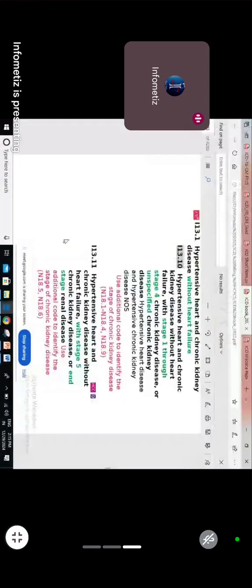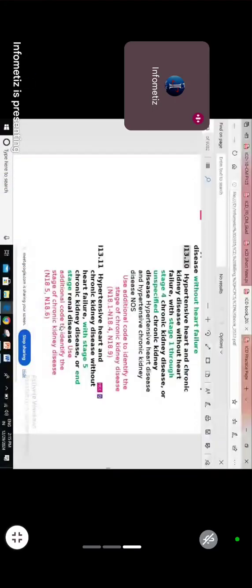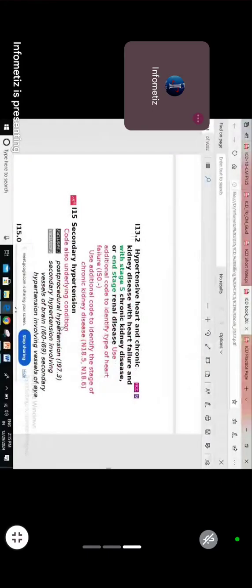If you are combining purple with red, you will get I13.0. If you are combining purple with blue, I11.9, it is I13.2? I11.0 is what? Hypertensive heart failure. Correct. Okay, I11.0 plus I12.0 is equal to I13.2.